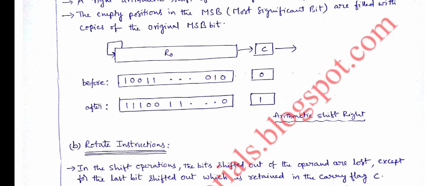See here, you observe. Before, 1 0 0 1 1 0 0 1 0 0.